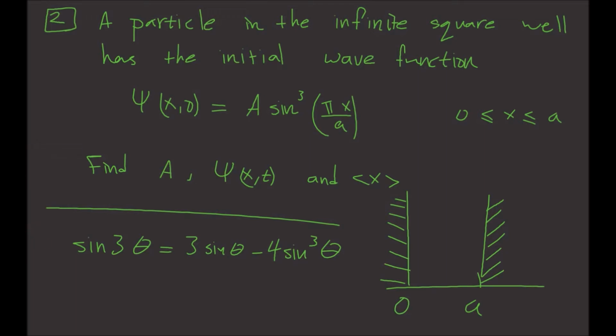Let's go ahead and use this identity to find A. If you remember from video number 8, we have the solution for the infinite square well. Psi sub n of x equals the square root of 2 divided by a times the sine of n pi divided by a times x.